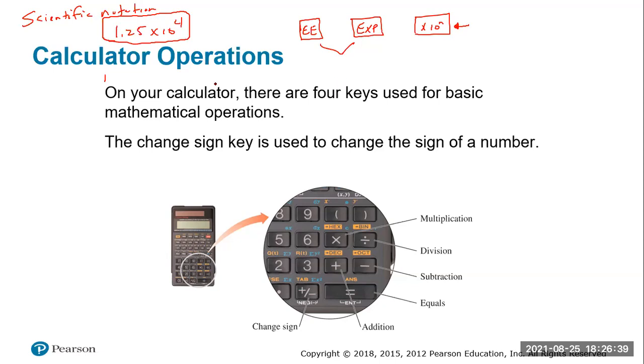So if I was to enter this into my calculator, what I would put is 1.25. I would then hit my exponent button. When you do that, typically your calculator will go 1.25 and maybe pop up an E there. It may go 1.25 and maybe pop up a couple of zeros. Maybe it'll say times 10 here.